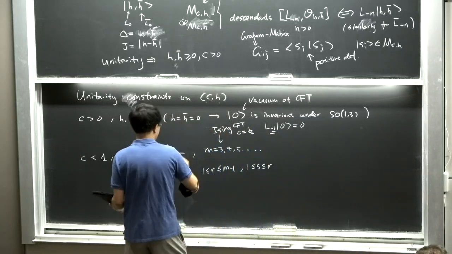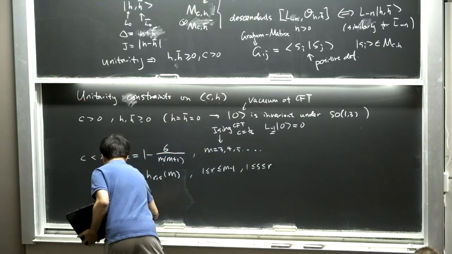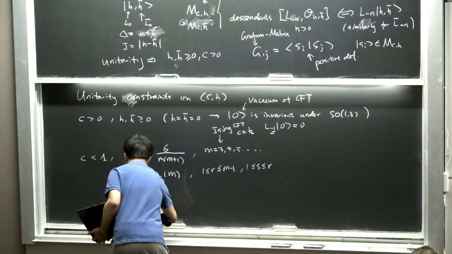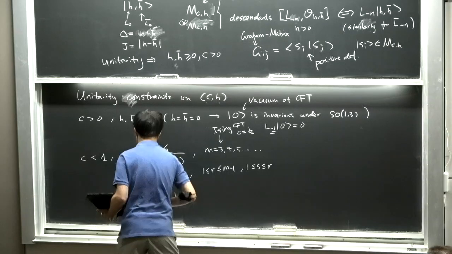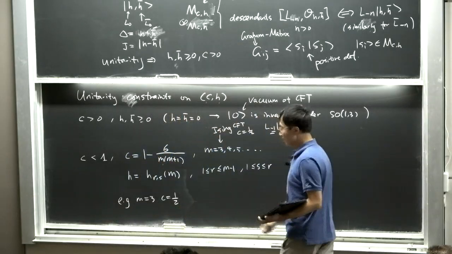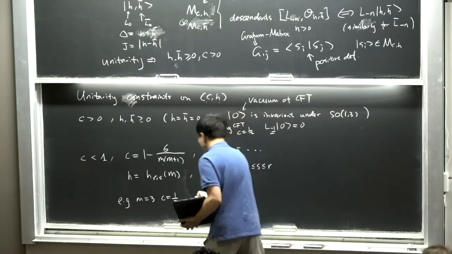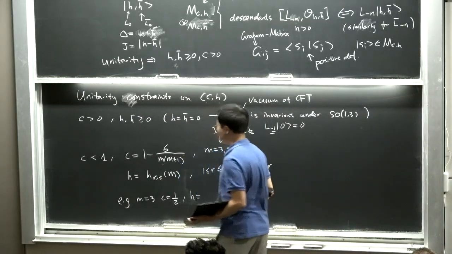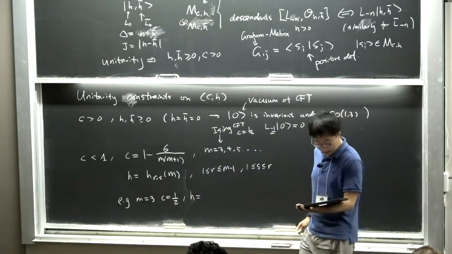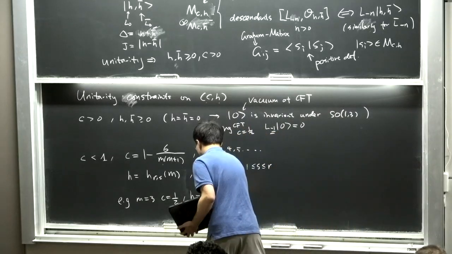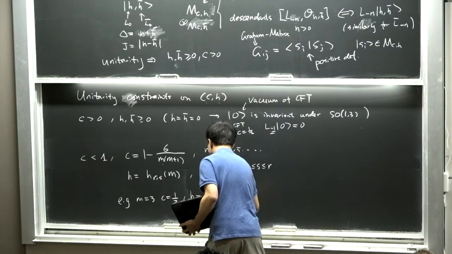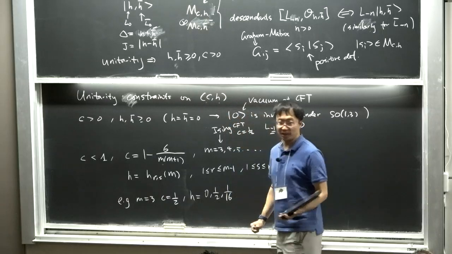And again, in the special case when m is equal to 3, which has the central charge that corresponds to the Ising CFT, the possible h has 3 possibilities. They're either h equal to 0, h equal to 1/2, or h equal to 1/16.